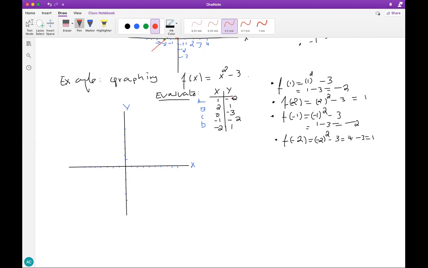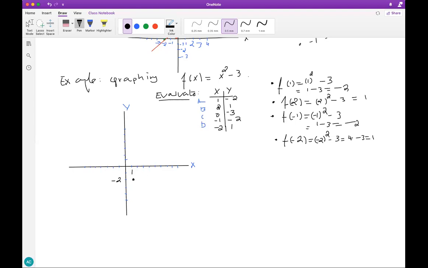Start at 1, on what axis? The x-axis. So 1 would be here. And where do you go from there? To -2 on the y-axis. Does that mean you go up or down? Down. That's right. We're going to go down to -2, which is here. So that's our first point.